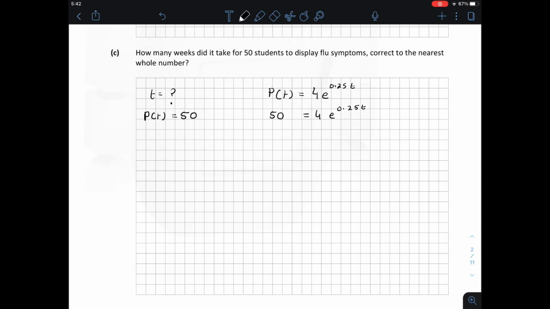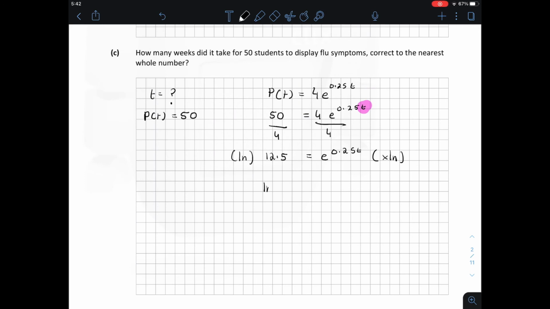So we want to solve for our exponent t. Anytime we're solving for an exponent, we're going to change our values into logs. But first, you need to divide out the value in front of your exponent. So you're going to divide both sides by 4. This gives us 12.5 equals e to the power of 0.25 times t. Here, you're going to convert your exponent into a log by multiplying both sides of your equation by ln.